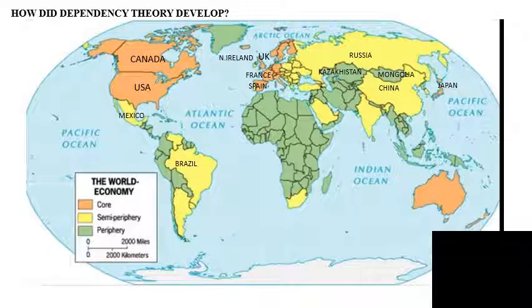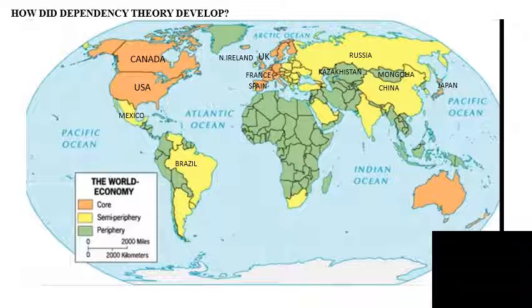Orange are core, yellow are semi-periphery, and pale green are periphery. We will see these details in a coming lecture, but at the moment just focus that these are the main categories under which we place the countries in terms of their economic conditions.